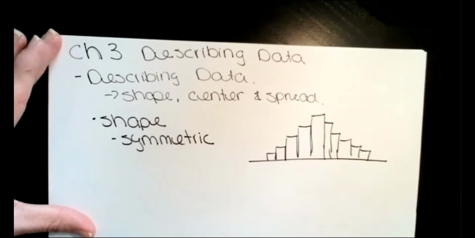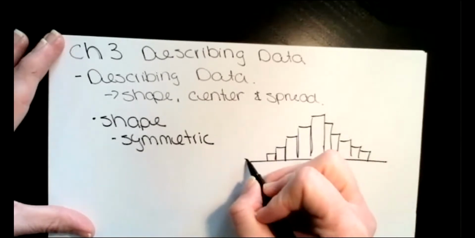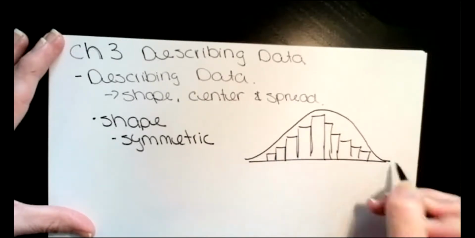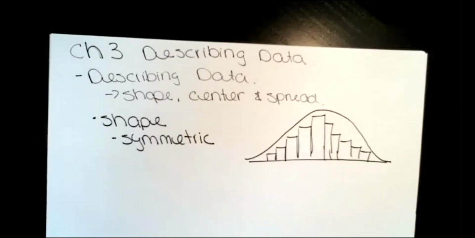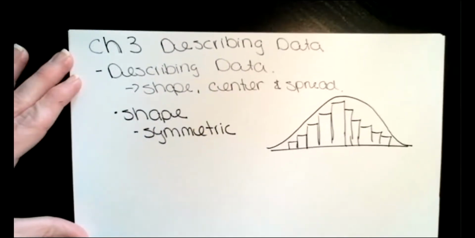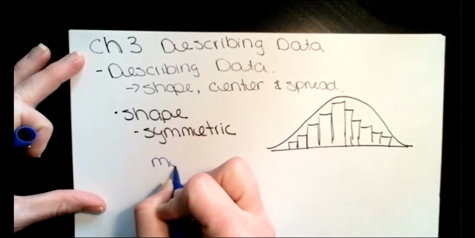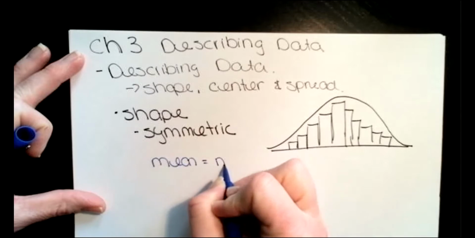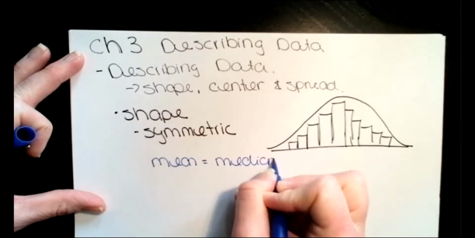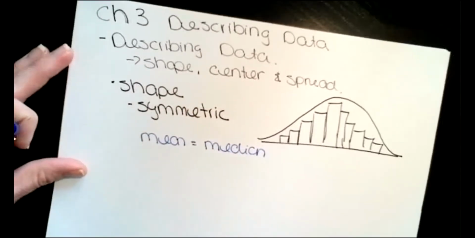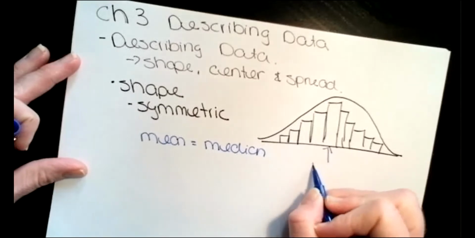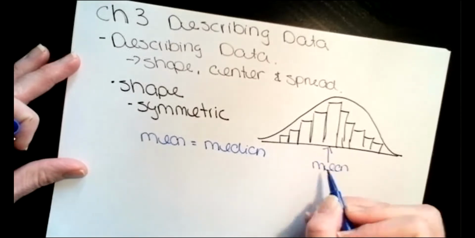If you're looking at just like a curve, like the empirical rule, so bell-shaped, symmetric. And what we're looking at here is that our mean is equal to our median. So that means that the mean and the median are both right here in the middle.